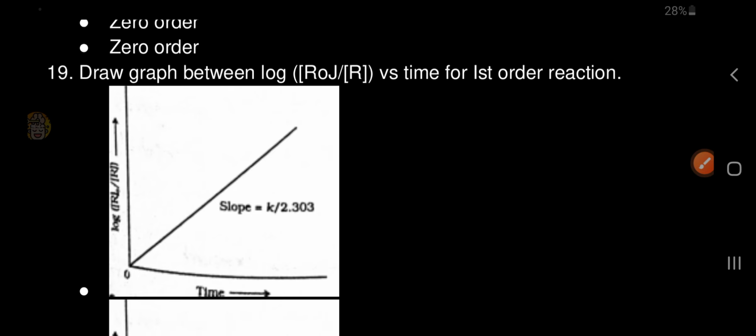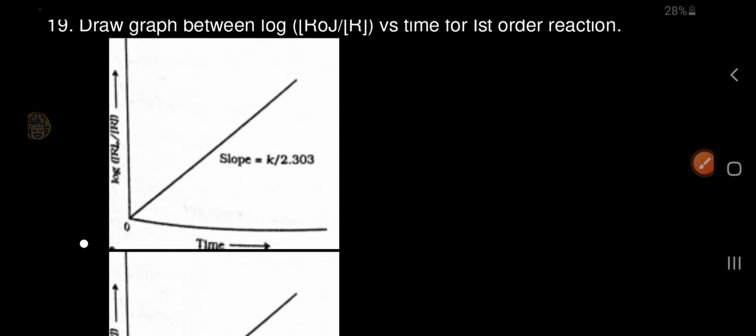Decomposition of N2O5 and N2O are examples of first order reactions.